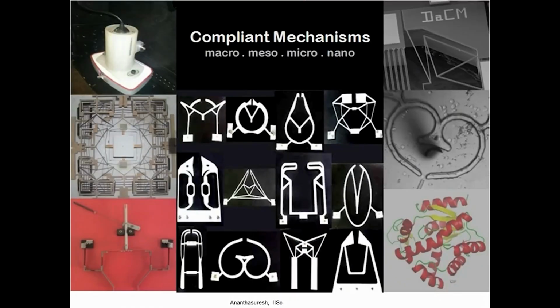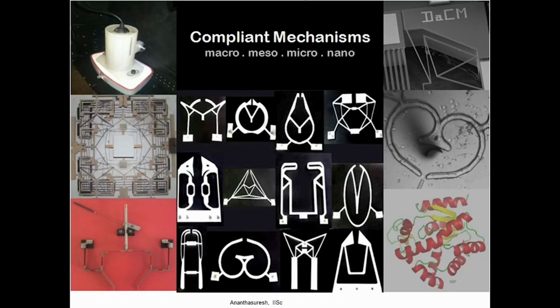Let us begin by looking at a few compliant mechanisms that my group at Indian Institute of Science has been working on for several years. What you see here are compliant mechanisms at several sizes: macro, that is very large, and micro, that is very small, of the order of microns, as in microsystems or micro electromechanical systems.